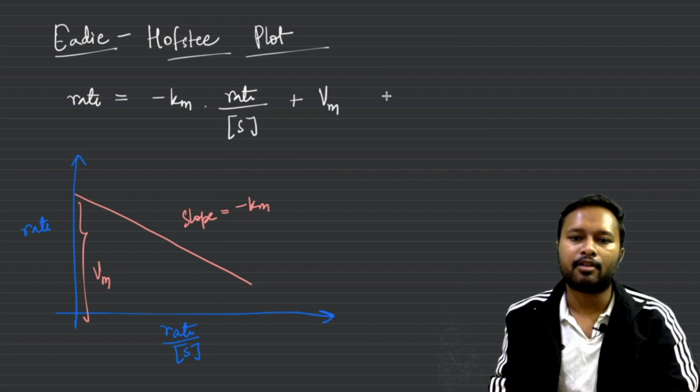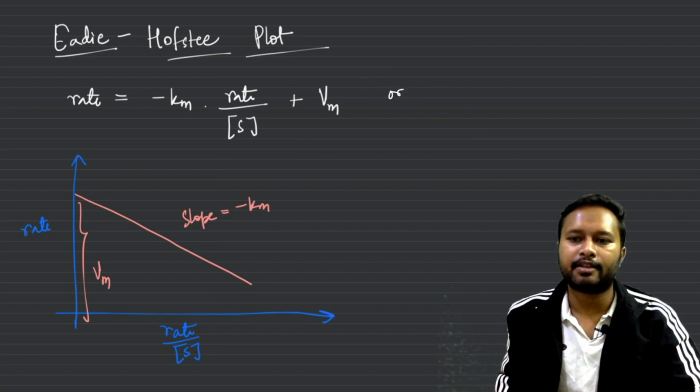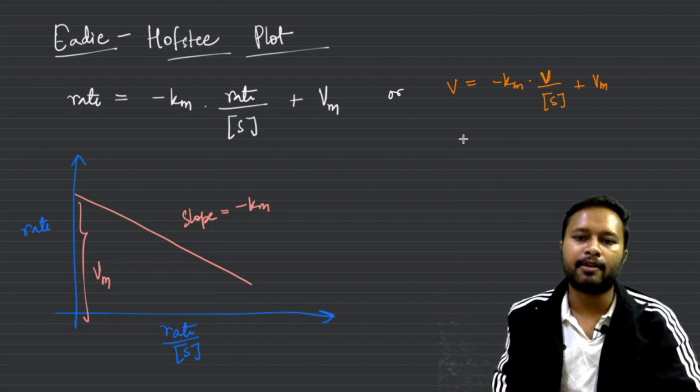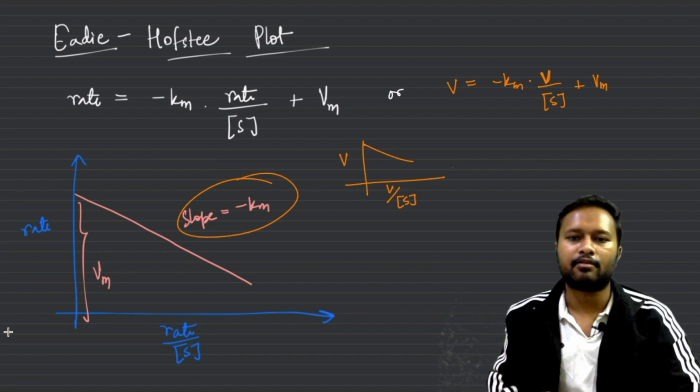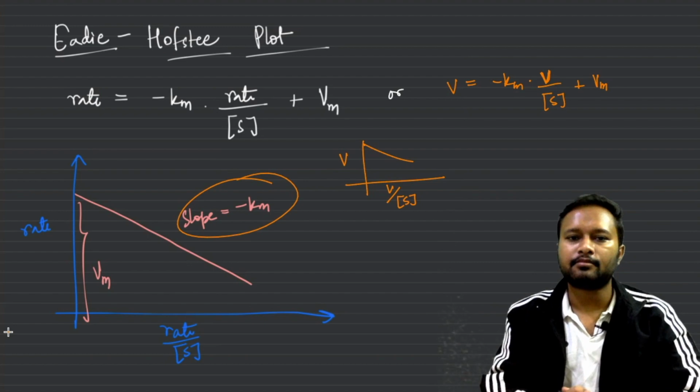Or this expression can also be written as V is equal to minus Km into V upon substrate concentration plus Vm, where V denotes the rate. Now the graph is plotted between V versus V upon substrate concentration. In that case you get a negative slope. The slope is equal to minus Km, and your intercept is equal to Vm.